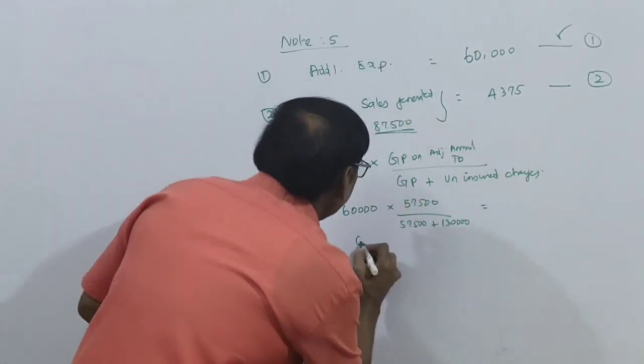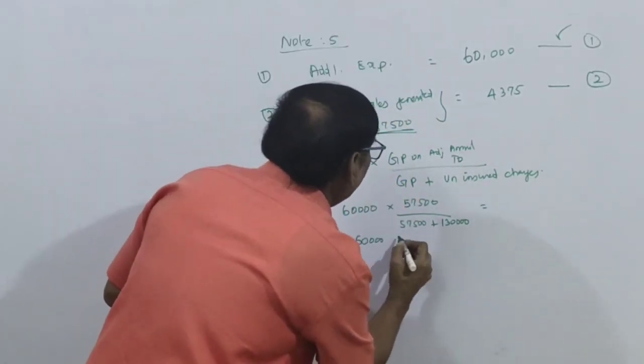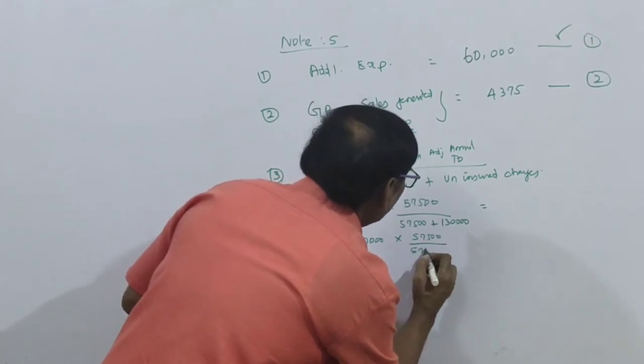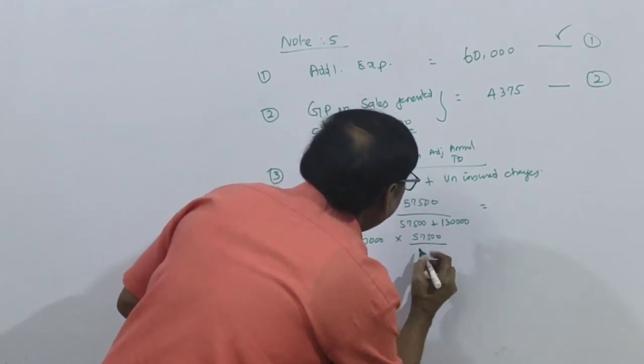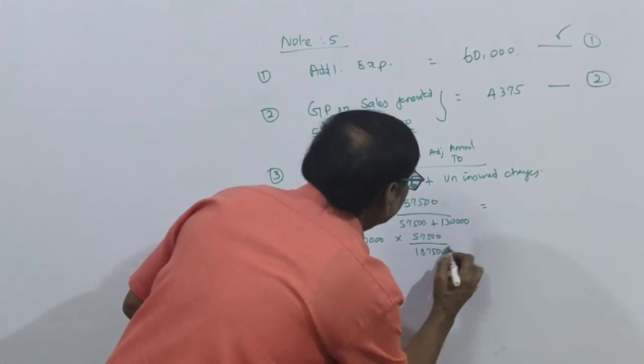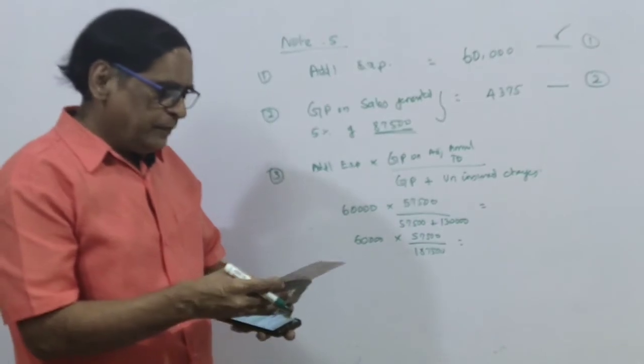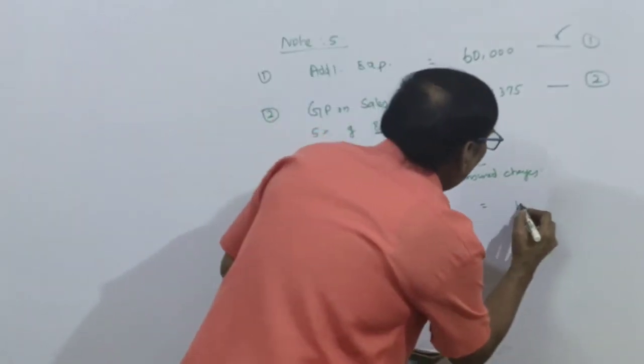So 60,000 into 57,500 divided by 1,87,500. If we minimize, the amount will be 18,400.